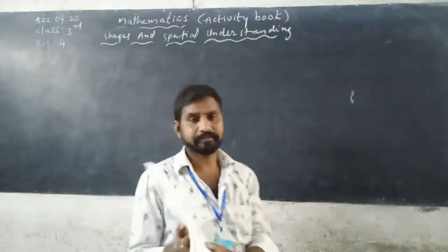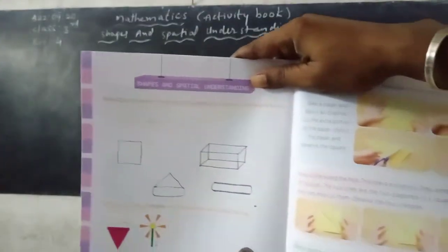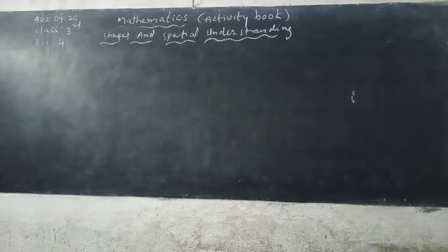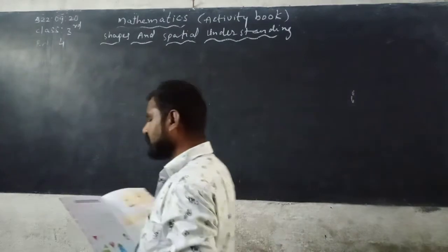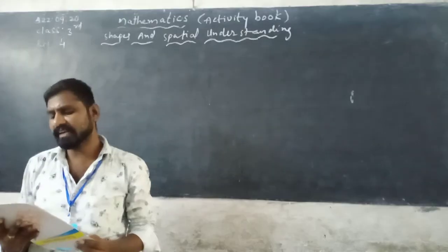See here. Everybody open. Shapes and spatial understanding. See here. Make 2D and 3D shapes on the dot grid using straight and curved lines.